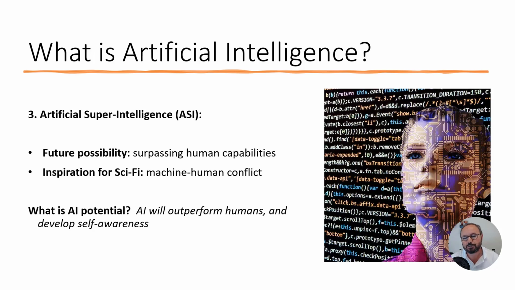This is really what I refer to as our Star Trek type of AI, where you have the Star Trek Voyager being controlled by all of these different systems that can automatically manage this, manage that, react to human input, and act like a human, and really have much better capabilities than a human would ever have. What is really the potential, though? The goal of ASI is to really think about how AI will outperform humans and develop self-awareness.